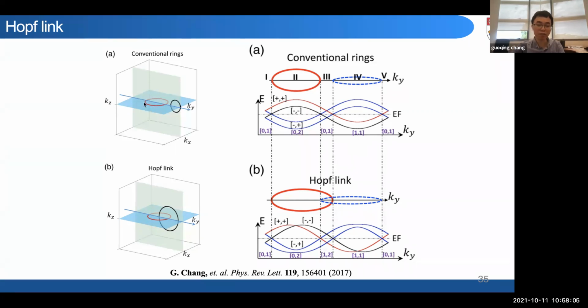Similarly for the red one, the bands have the opposite mirror eigenvalue in the plane where it stays, but the same mirror eigenvalue on the other plane. With this mechanism, we can smoothly change these conventional rings into the Hopf-link structure.